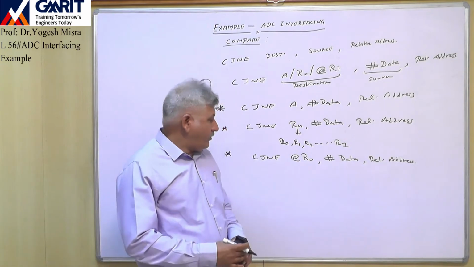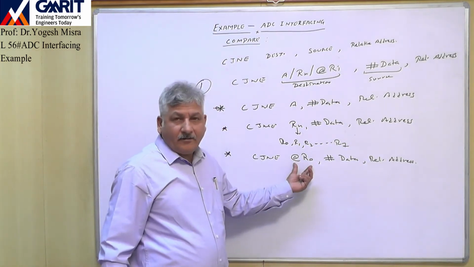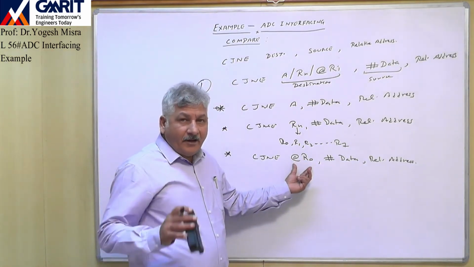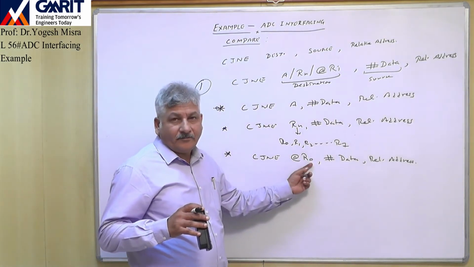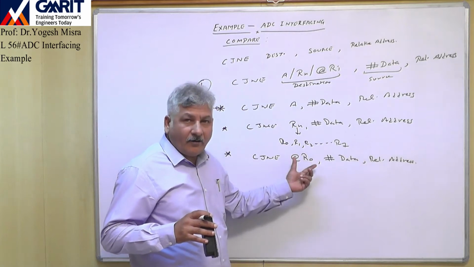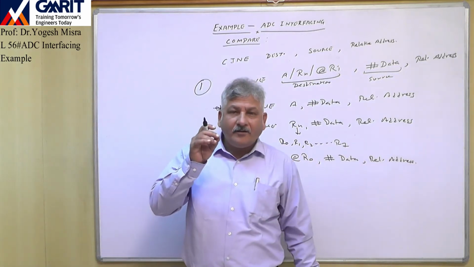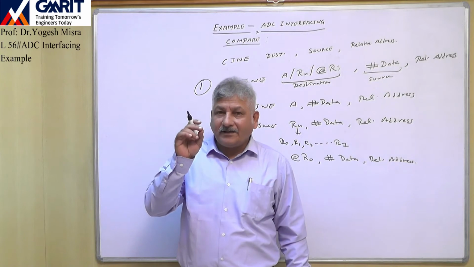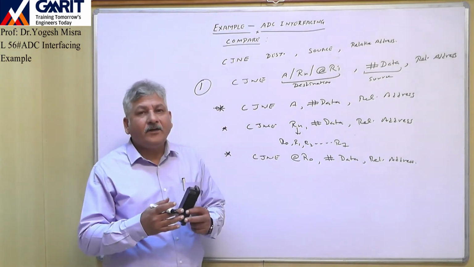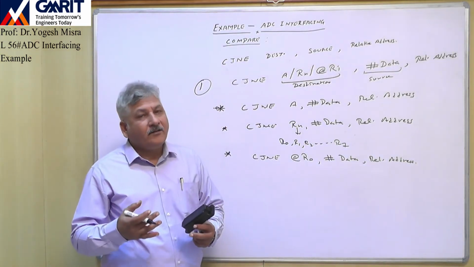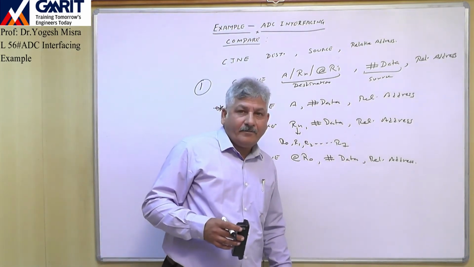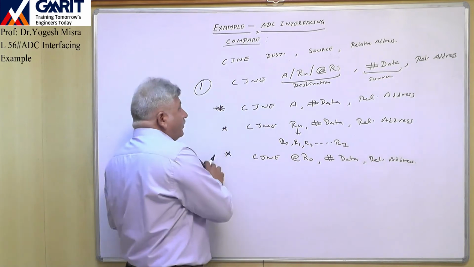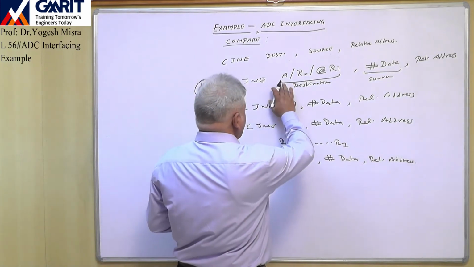So now our destination data's address is specified by R0. Whatever is the value of R0 will point to the memory address, the RAM location, and whatever is stored at that location, that value will be compared with the immediate data. So this is one form.